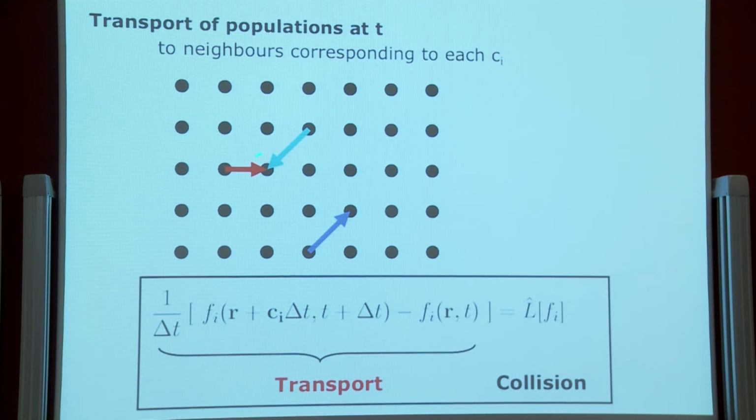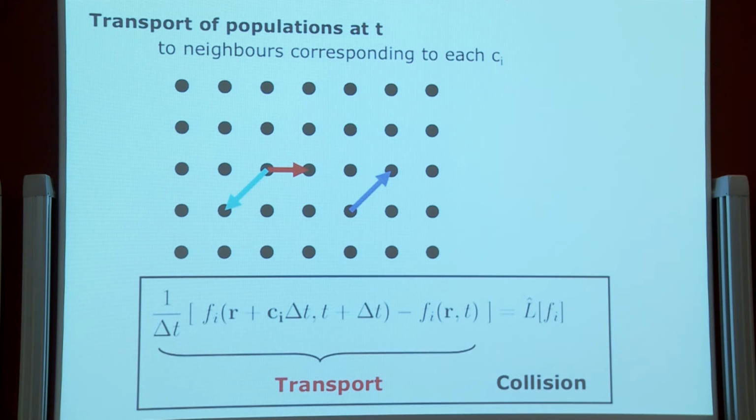So for example, the particles with velocity corresponding to this velocity will move to the next time step, and the green one moves in that direction, the blue one in that direction. But again, you're moving in all directions at the same time. It's just for clarity. And then you have a collision step. So on the transport step, you're simply moving numbers from one node to the next according to the appropriate velocity.